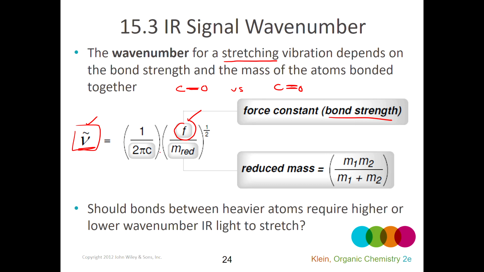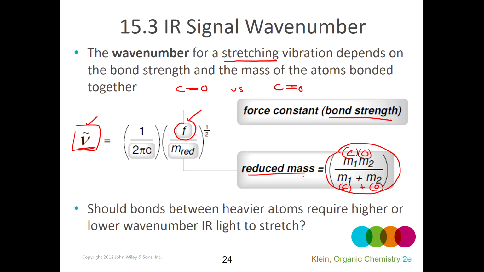Another factor that affects the energy required to stretch a bond is the mass of the atoms that are sharing electrons. So if I have a CO single bond or a CO double bond, this factor makes no difference. If I multiply the mass of the carbon times the mass of oxygen, and then divide by the mass of carbon plus the mass of oxygen, that would give me the reduced mass.